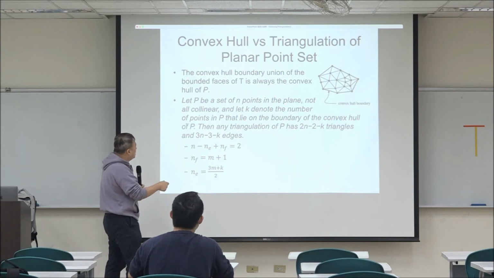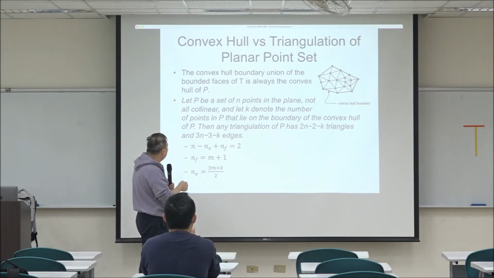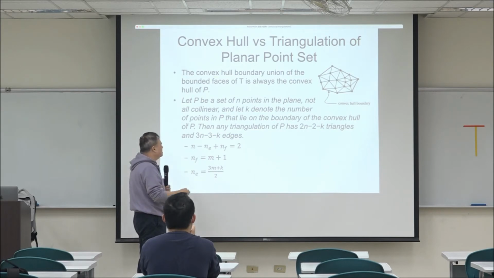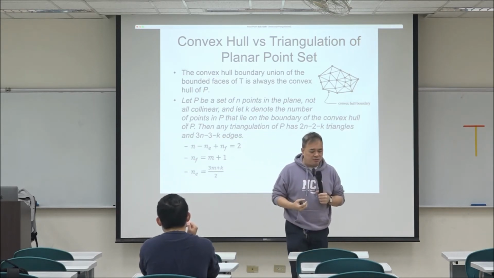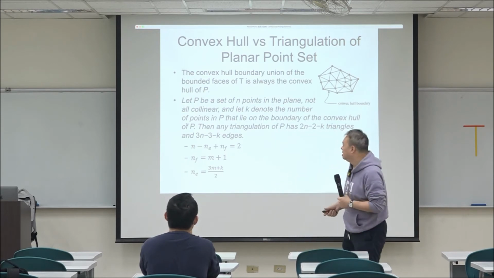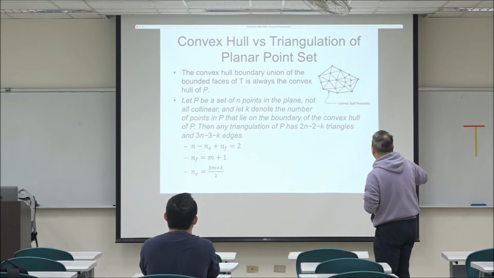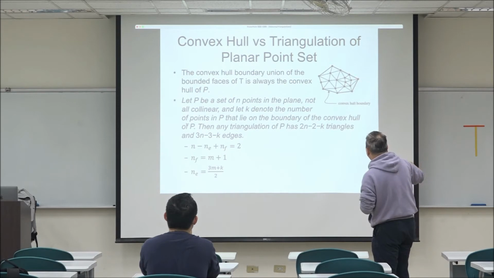And let k denote the number of points in P that lie on the boundary of the convex hull. So n is the number of points, and k is the number of vertices in your convex hull. I'm abusing the notation a little bit here, because you can see that this is one straight line.